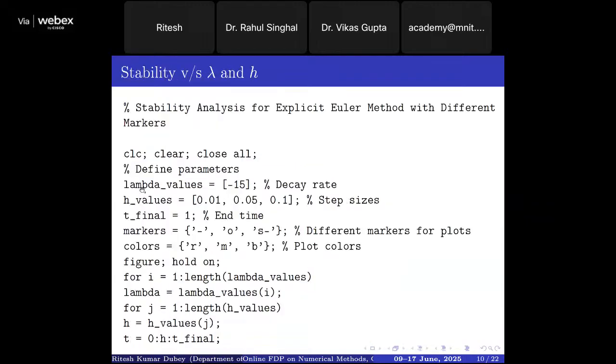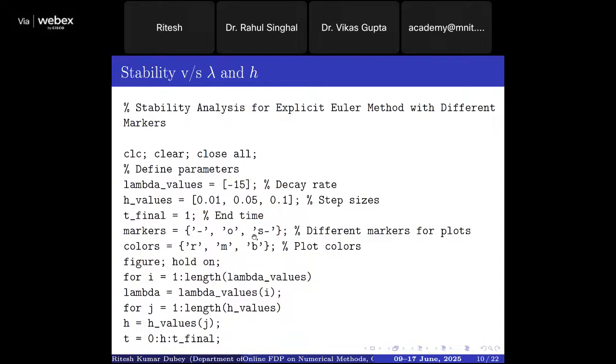This slide is having only one loop. So we have taken a very large negative value of lambda, minus 15, and we are taking different h values, 0.01, 0.05 and 0.1, and we want to compute the solution at t equal to 1.